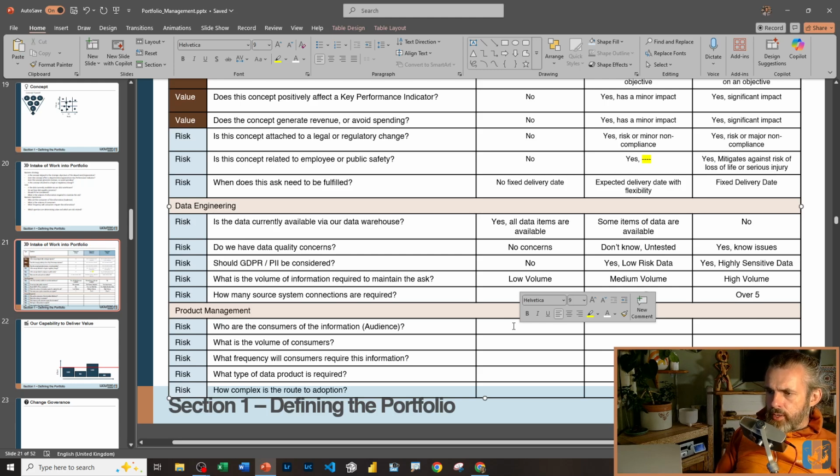So a low risk would be 1 tier of people, which might be the senior leadership team, or it might be the operators, but it's not both.